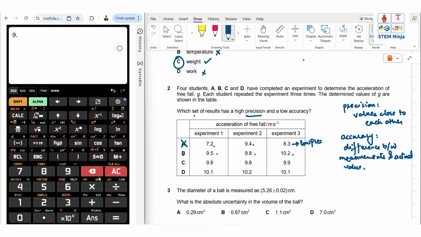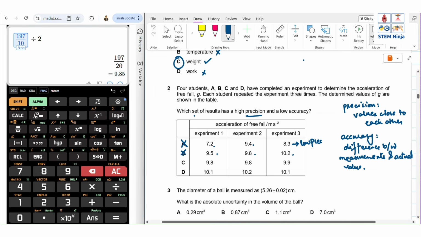So 9.5 plus 10.2 divided by 2, this is still 9.85. So still good accuracy, but obviously not high accuracy, but still fine. So no, 9.8, 9.8, 9.9. So this is high precision, high accuracy, so not the right answer.